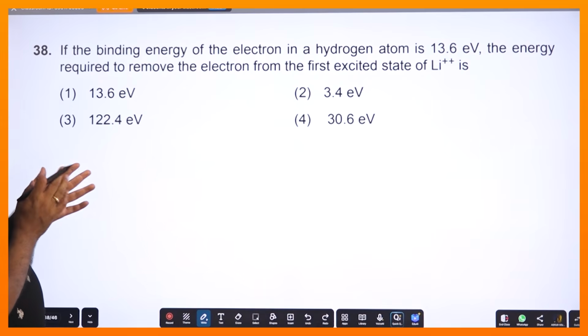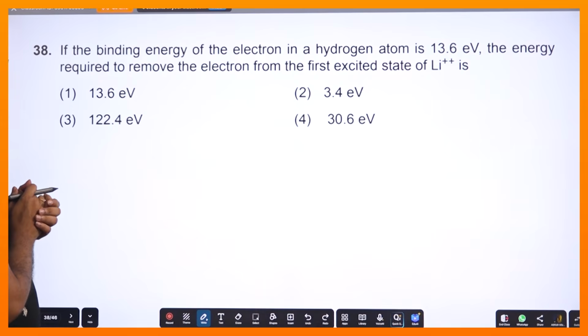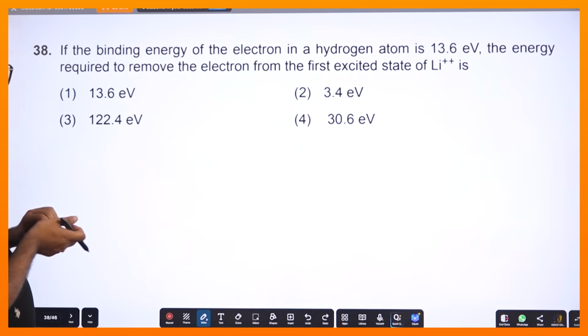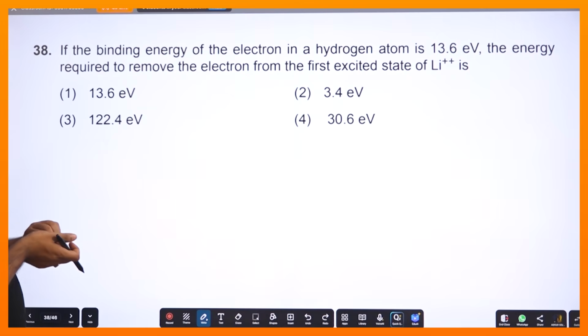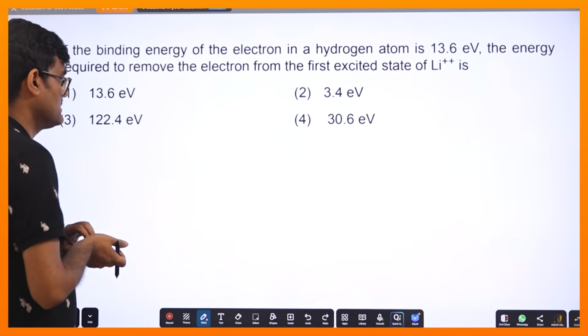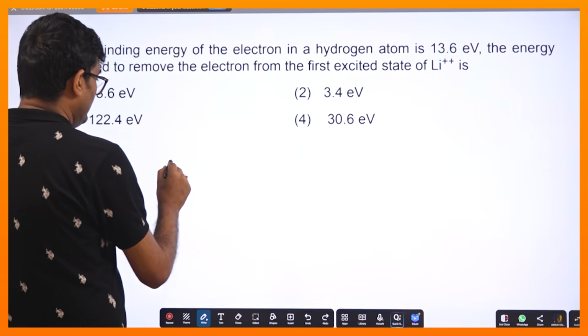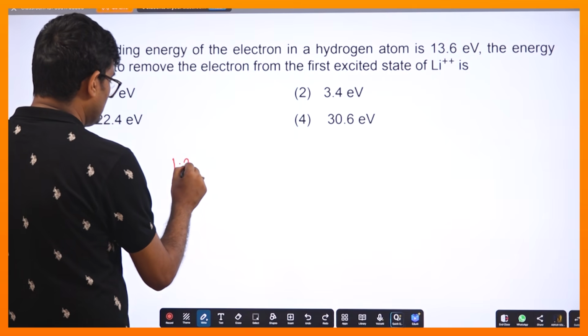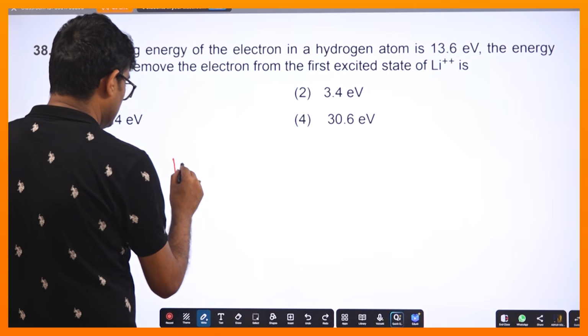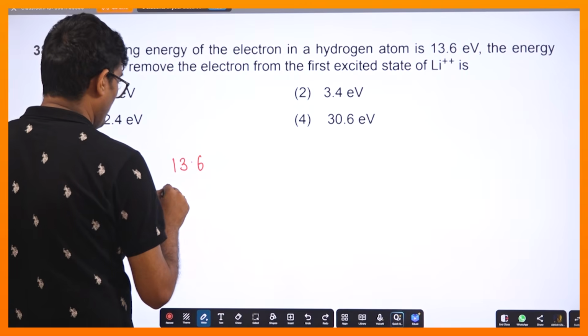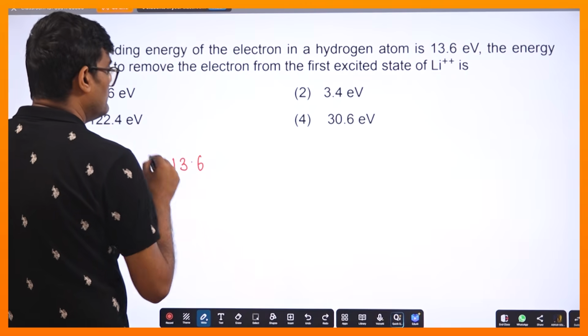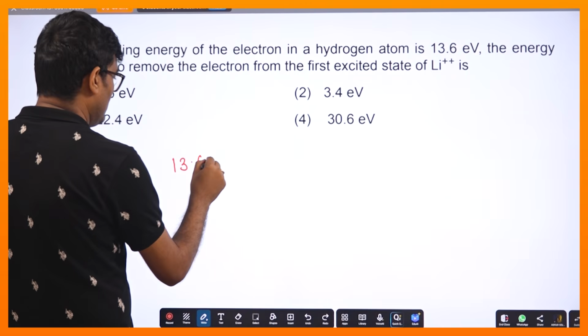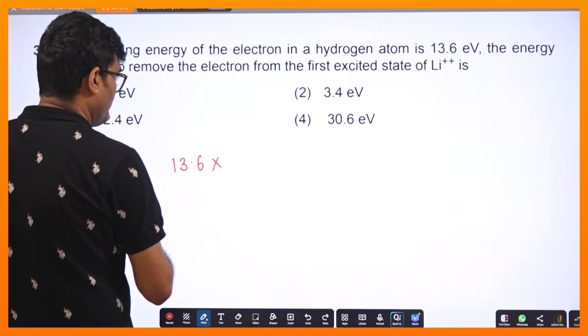If the binding energy of an electron is 13.6, the energy required to remove the electron from the first excited state of lithium double plus. Okay, first excited state is 13.6. Lithium is, I think, Z is 3.